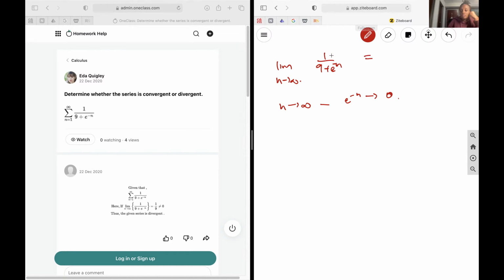And so this means that the limit as n approaches infinity is going to be 1 over 9 plus 0, and that's just going to be 1 over 9, which is not going to be 0. So I don't reach a point where I can just cut off terms and give you a specific number. I will have to continue summing until infinity. And so that is going to mean that this series is divergent. I can't simplify it.